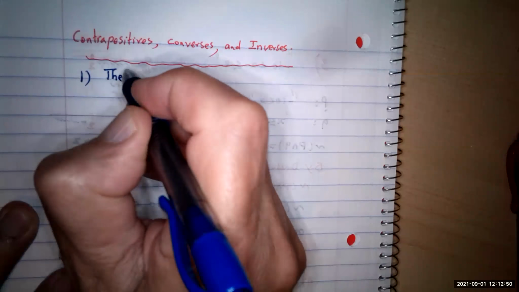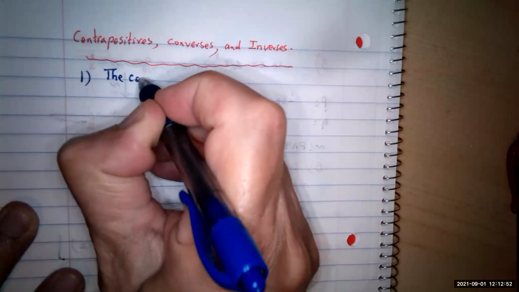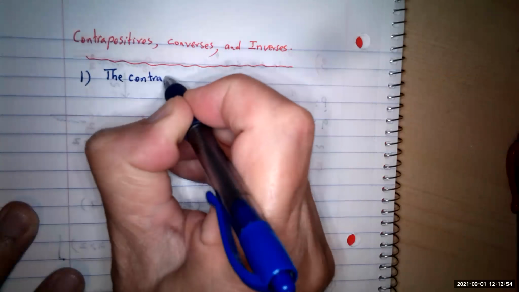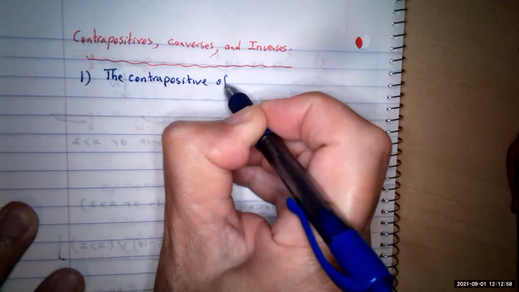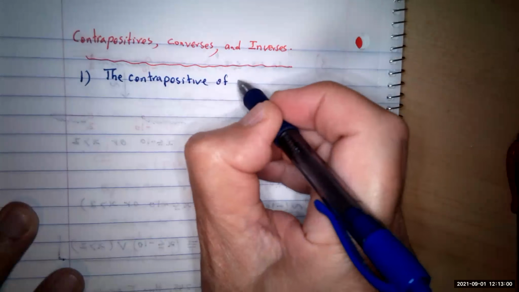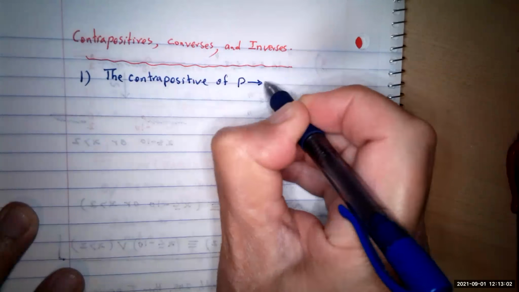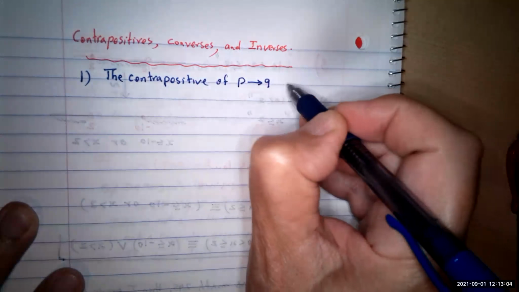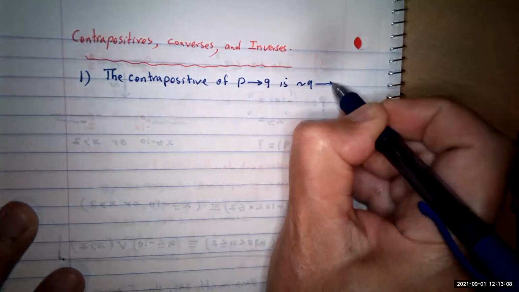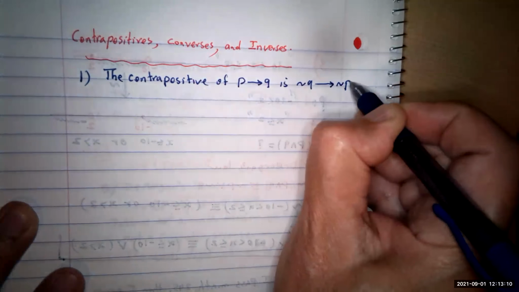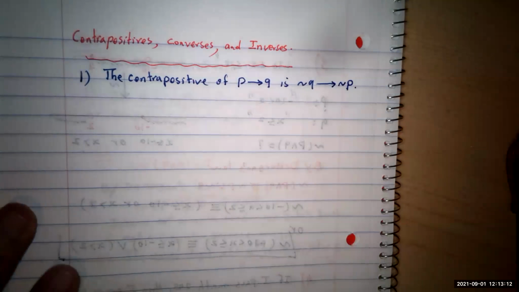First, the introduction of the contrapositive, or contraposition. The contrapositive of the implication if P then Q is not Q implies not P. That's the first one.